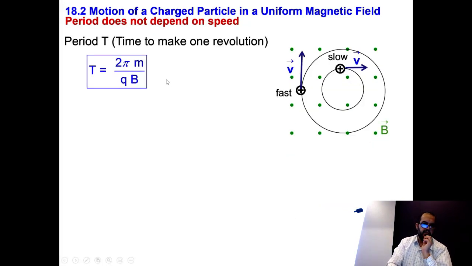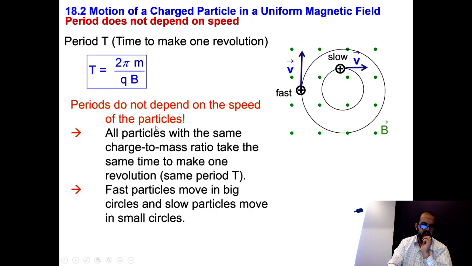So we notice that the period does not depend on the speed. It does not depend on R. It just depends on the charge to mass ratio: all particles with the same q over m or m over q will have the same period. So fast particles move in a larger circle. Even though the period and omega are the same, they move in a larger circle.